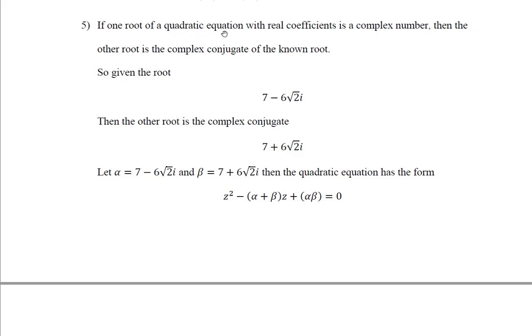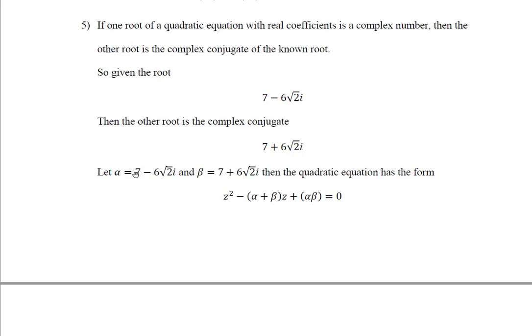Number 5. If one root of a quadratic equation with real coefficients is a complex number, then the other root is the complex conjugate of the known root. So given the root 7 minus 6 root 2i, then the other root is the complex conjugate 7 plus 6 root 2i.